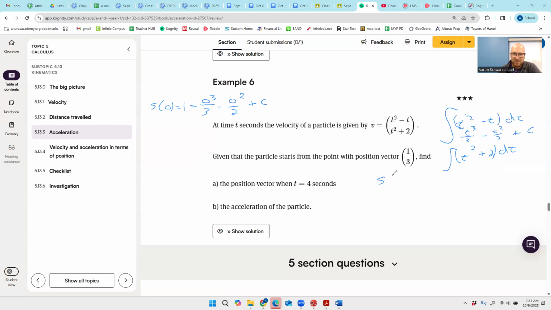So s of t, the first vector, this one, when I integrate it, gives me t cubed over 3 plus 2t plus c.